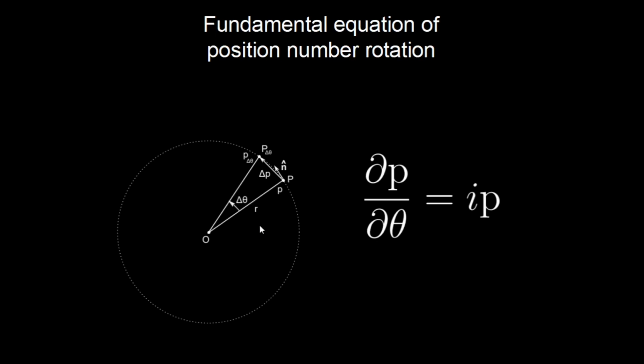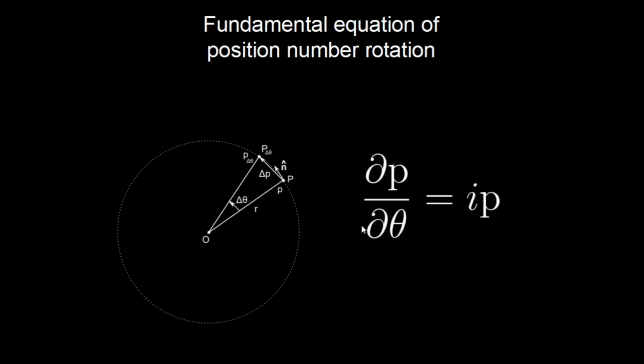In this figure, the notations remain the same except that the position vector, bold capital P, is replaced with position number, lowercase p. This is the fundamental equation of position number rotation.